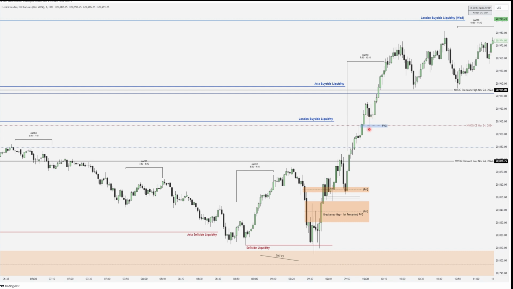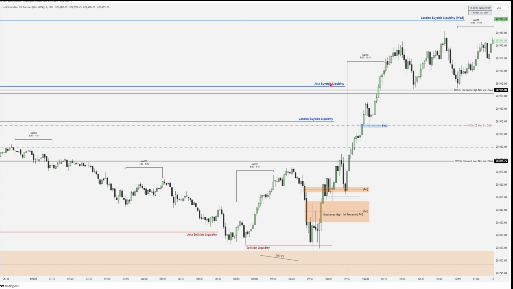Notice how only a wick fills in that little fair value gap and trades down into that new week opening gap CE level, and then the body closes above it in this upper fair value gap. So if you would drop down to a 50-second chart, this would be an optimal trade entry idea.